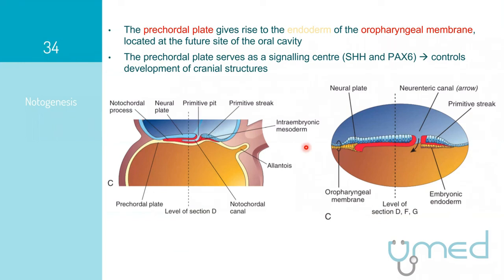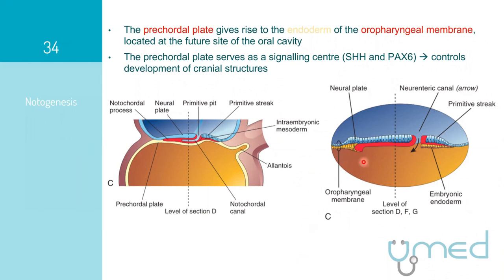Remember earlier I said with the arrows we have the precaudal plate that's going to be in between there. So it goes from wherever was above to the oropharyngeal membrane, to the mouth.